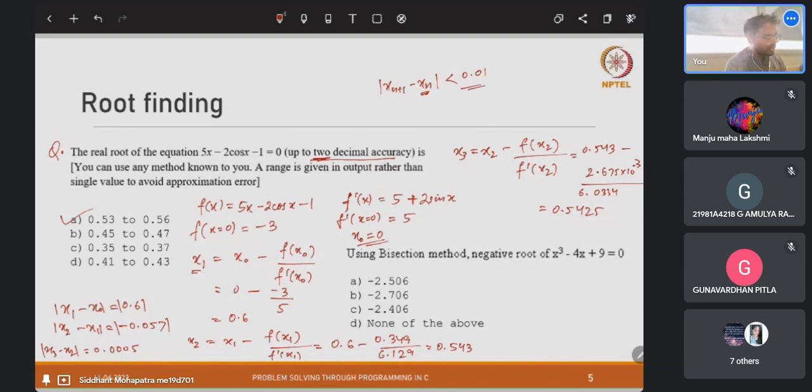If you write both of these up to 2 decimal places, you would write this as 0.54, this as 0.54. That means you are getting the same root with multiple consecutive iterations. You have already converged at the root. So 0.54 is the root, and it is within the range of 0.53 to 0.56. So that is going to be our answer.